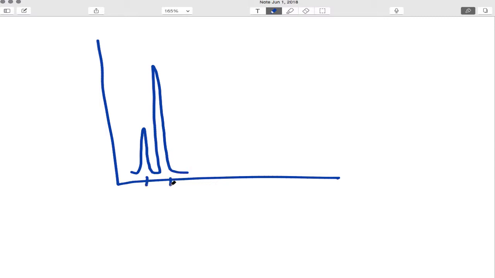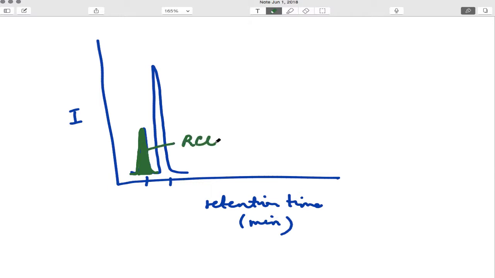This is what we call the retention time, how long it took the molecules to elute off the column, and this is the intensity. So I had the chloride product coming out earlier because the retention times are based on boiling point, and the chloride is lighter and so has a lower boiling point than the bromide. So here's the chloride product, and then the bromide product was this one here.